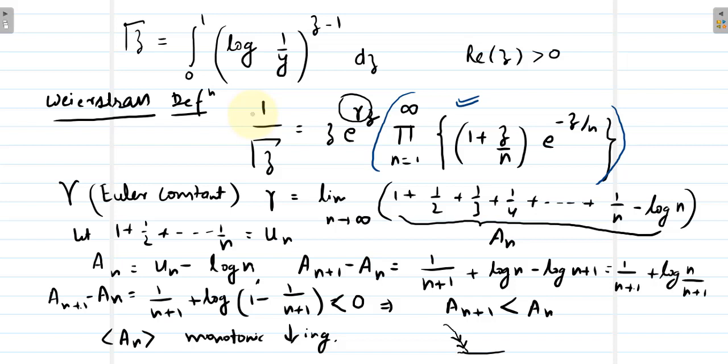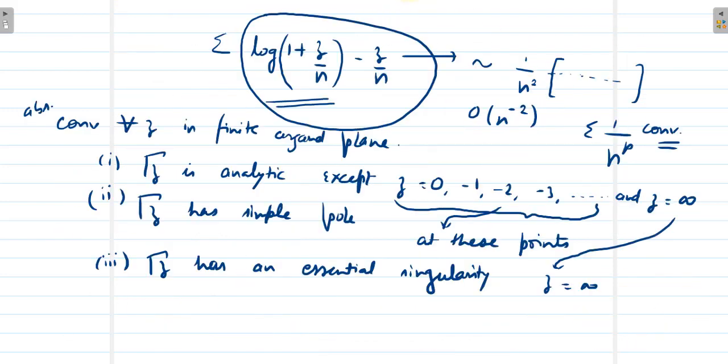Another thing is that it has an essential singularity. This is because the limit point of these poles is always going to be an essential singularity. So we can directly write that statement.